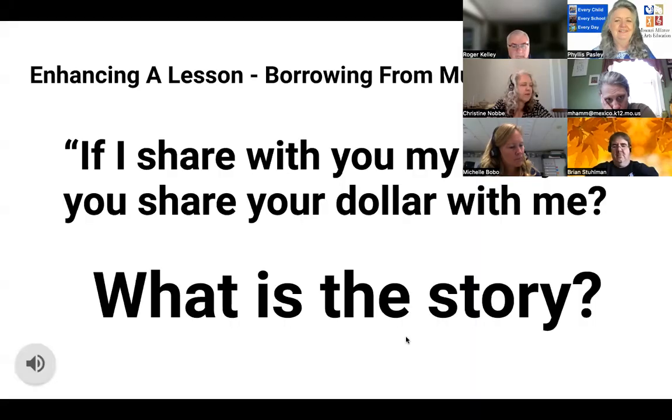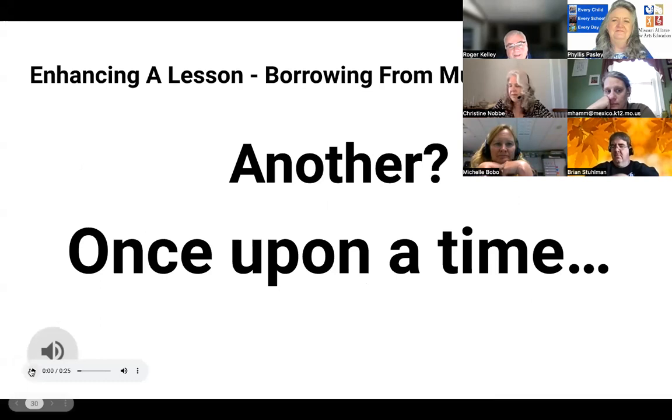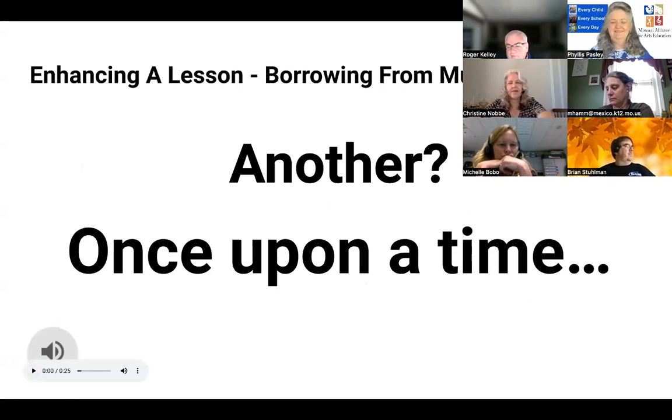So the next one is, we're actually going to have you write. Get your pen and paper ready. I'm not going to let you go more than 30 seconds to a minute. The prompt is, I'm going to play a piece of music, and you have to start from your head, at least, once upon a time.